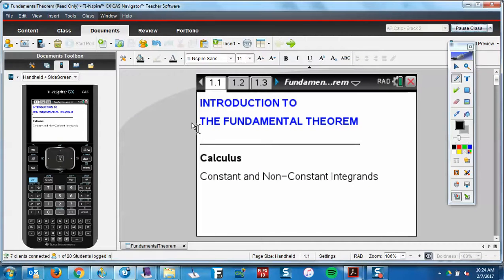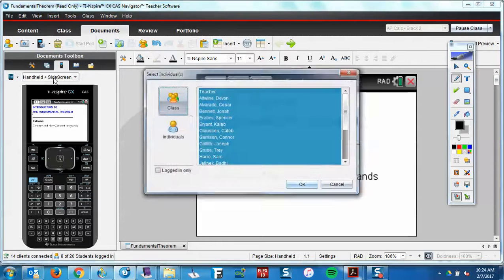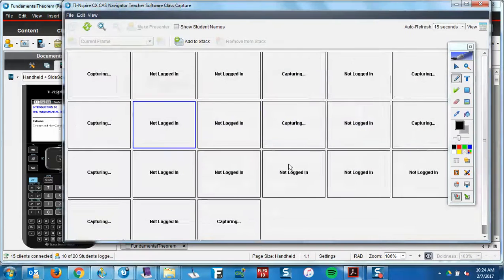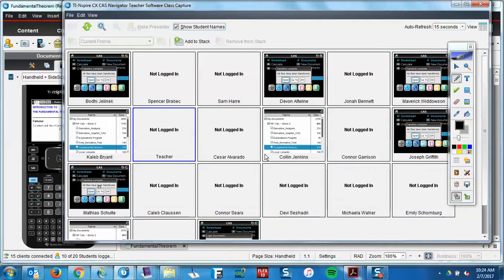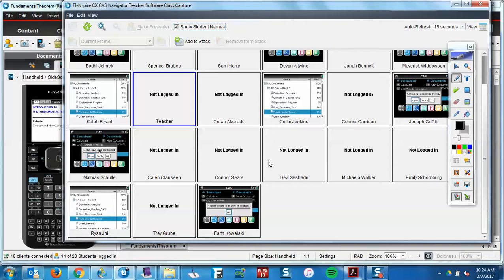Okay, you should be getting a document. Go ahead and open it up. Intro to the fundamental theorem. Yep, that's it.